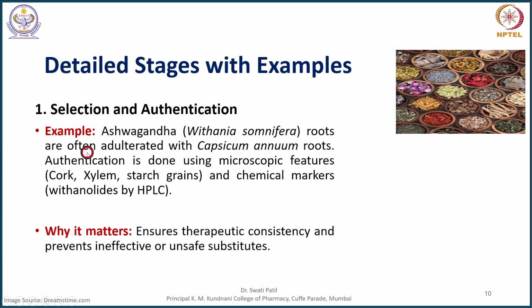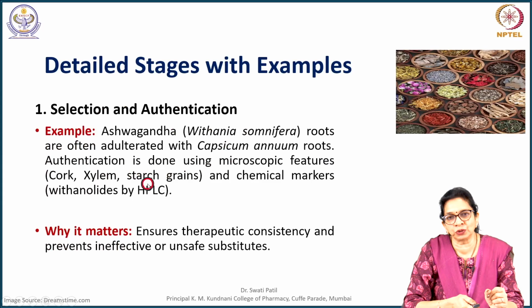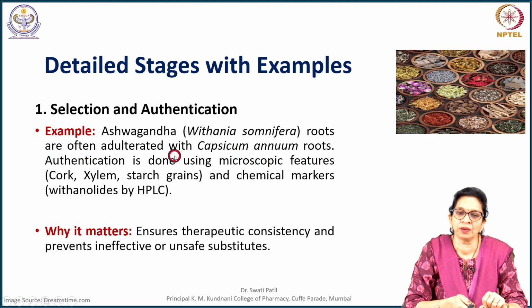So, let us look at the detailed stages with suitable examples for better understanding. For example, ashwagandha, Withania somnifera, is a very common traditional drug, indigenous to India. The roots or rhizomes are often adulterated with Capsicum annuum roots, and here identification becomes very important.